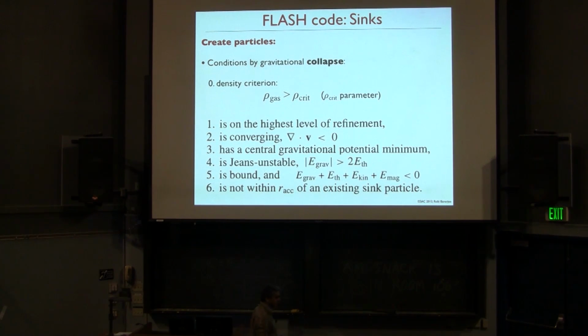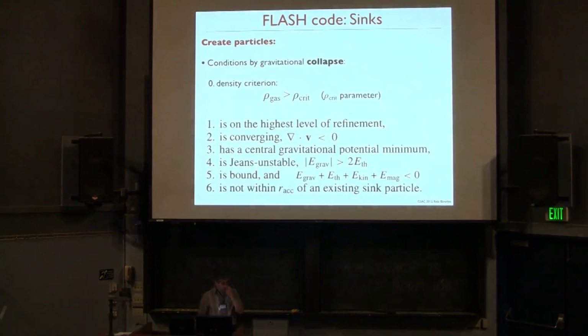You also check for a local gravitational minimum for this high-density cell. You look at whether the region around the prospective sink particle you want to create is gravitationally bound and Jeans unstable. And of course you don't want to create a sink in a region where there is already one, so you also check whether there's a nearby sink particle already. If all these criteria are fulfilled, you create a new sink particle.